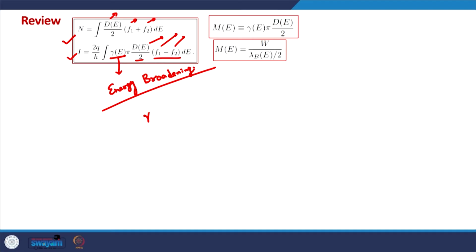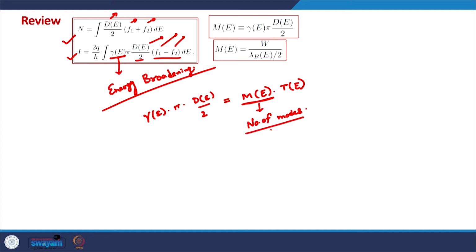In the case of diffusive transport, this term, gamma E times pi dE by 2, is written as M(E) times T(E), where M(E) is the number of modes and it depends on the energy broadening in the system.